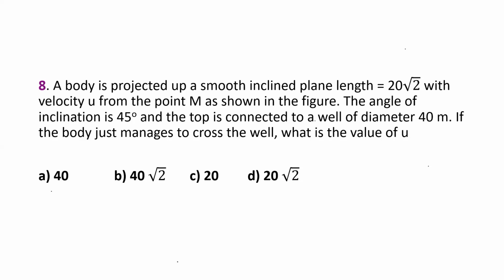The angle of inclination is 45 degree, and the top is connected to a well of diameter 40 meter. If the body just manages to cross the well, what is the value of u here? We need to calculate the value of u. So let us do it.